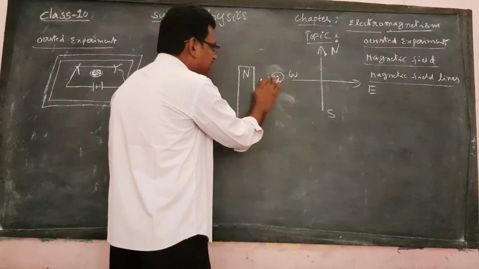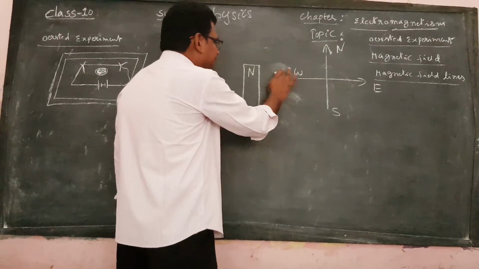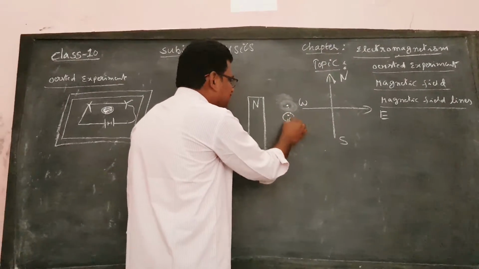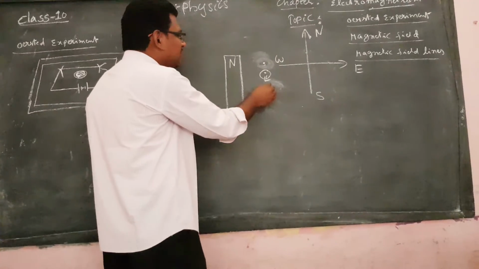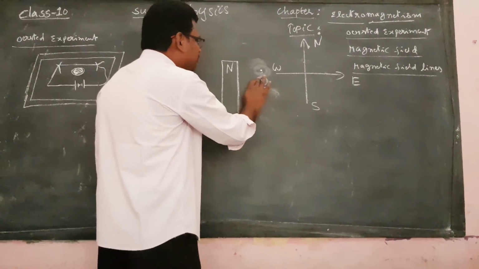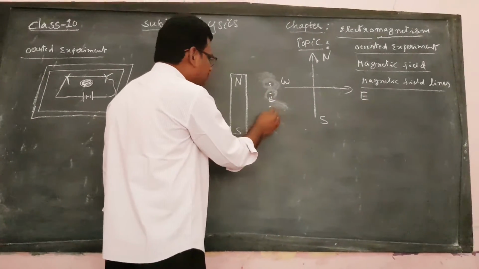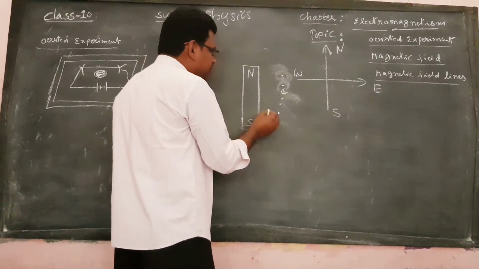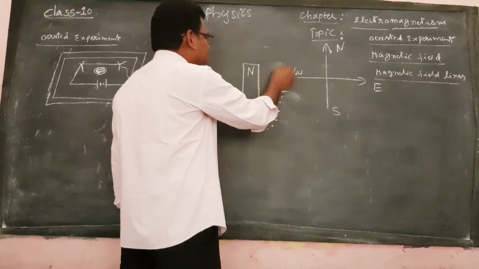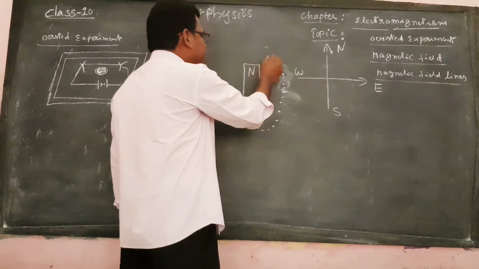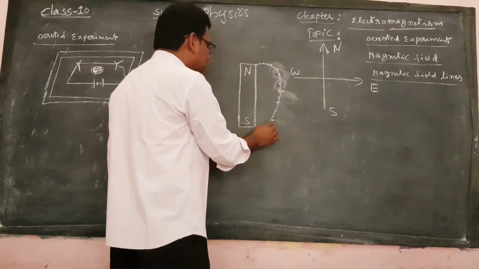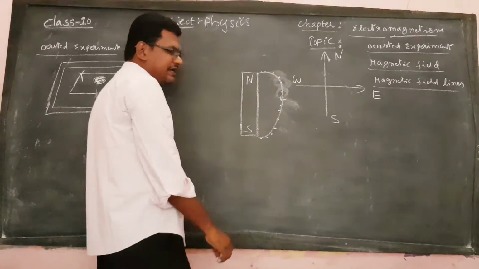Similarly, you take the compass box away and place it here, and it shows another arrow mark. Like that, you put dots at the points shown by the arrow marks. Later, you join all those dots, and this is called the magnetic field line.